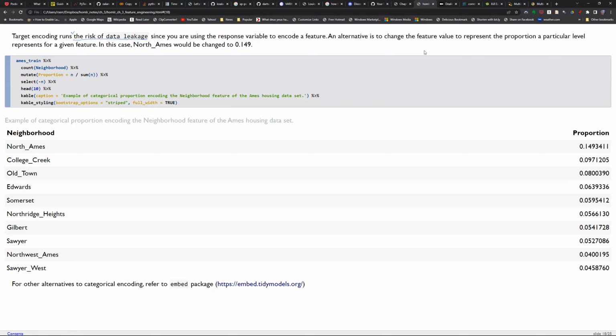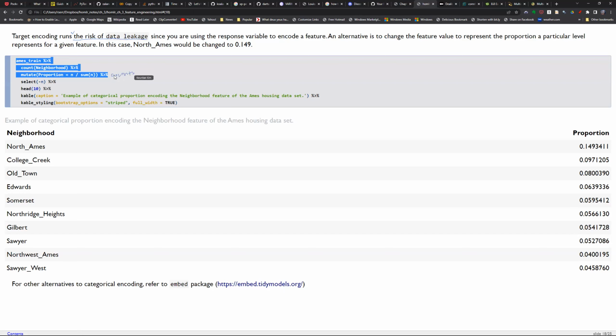So the other alternative that you can use is the proportion. In other words, instead of calculating a mean or a median or a statistic from the target label, what we're going to use is not the target label, but the counts of each of those levels in that categorical variable or column.